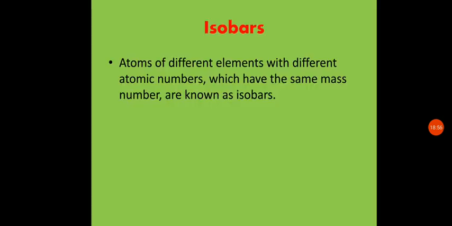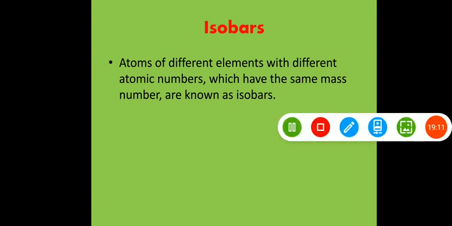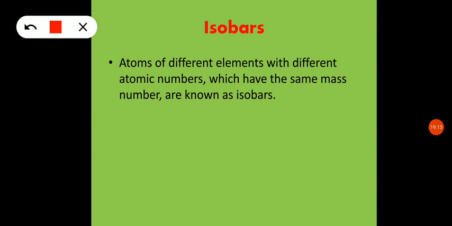Next we will study about the isobars. Here isobars means the atoms of different elements with different atomic number and same mass number. So here it is the opposite of the isotopes. In isotopes, atomic number was the same but the mass number was different.